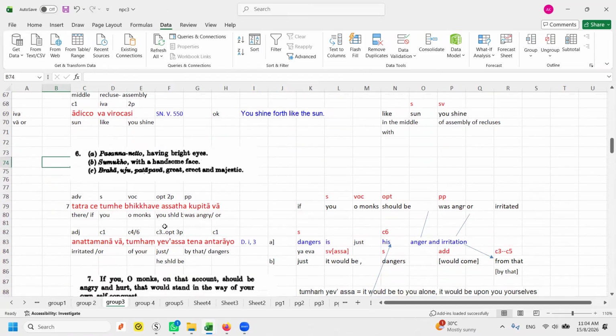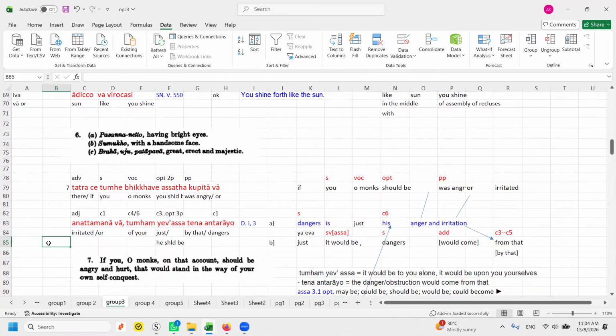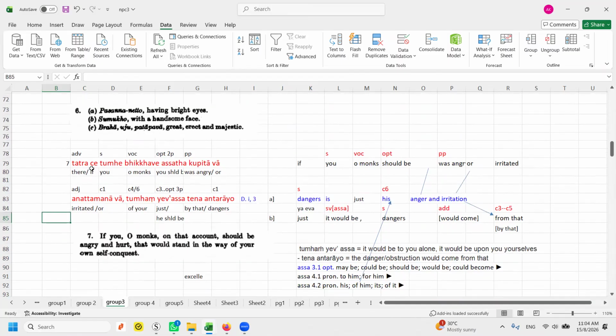So we will move into the next line. Tatra ci tumhe bhikkhave asatha kupita.